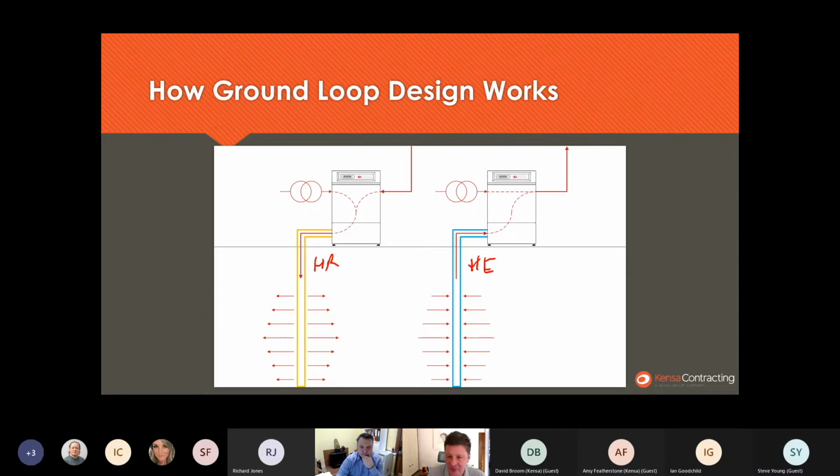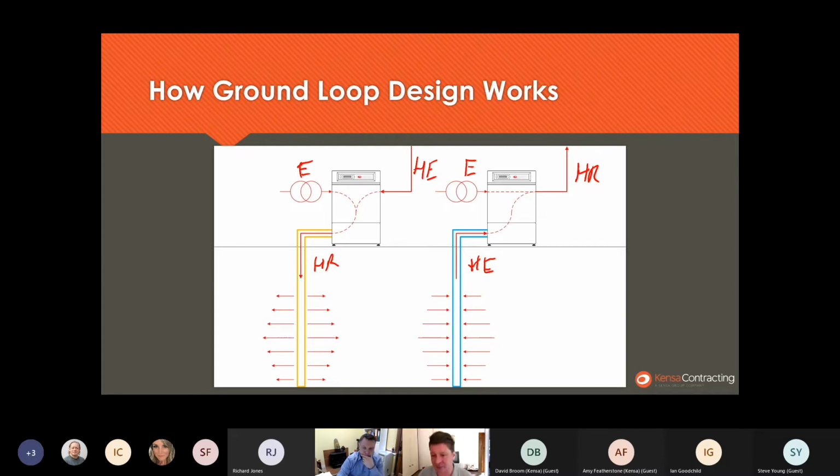We actually use the same terms on the load side of the system. So this is the heat being rejected by the heat pump, heat of rejection, and this is now the heat of extraction from the heat pump. There is an additional amount of energy involved in this, and it's the electrical energy here. Both of these processes, heating and cooling, use electrical energy to drive the heat pumps.